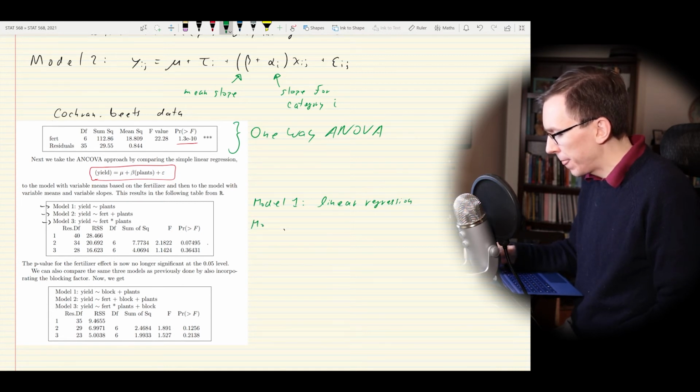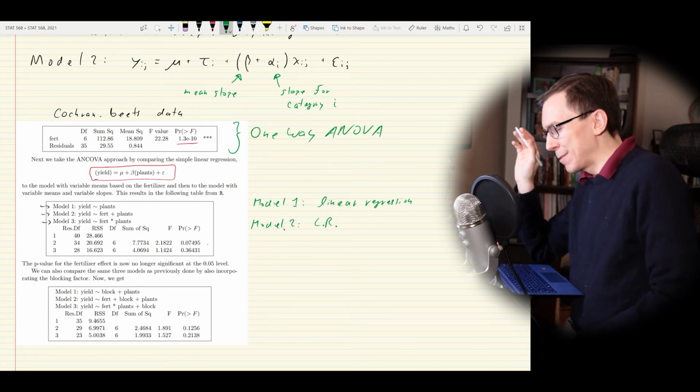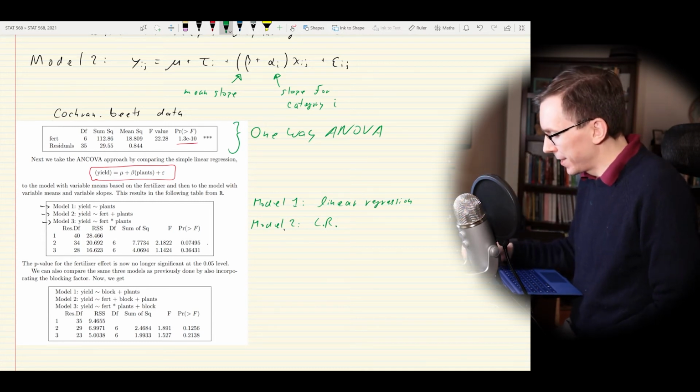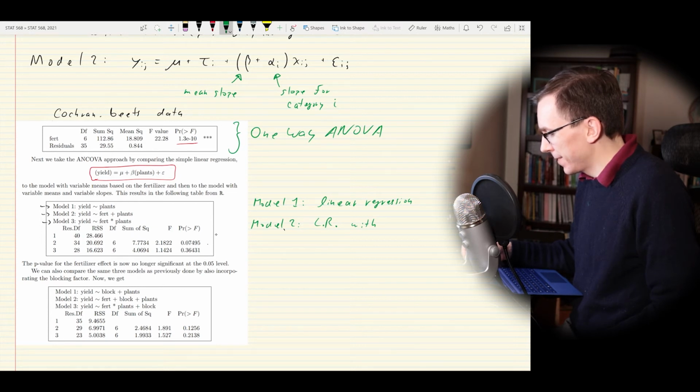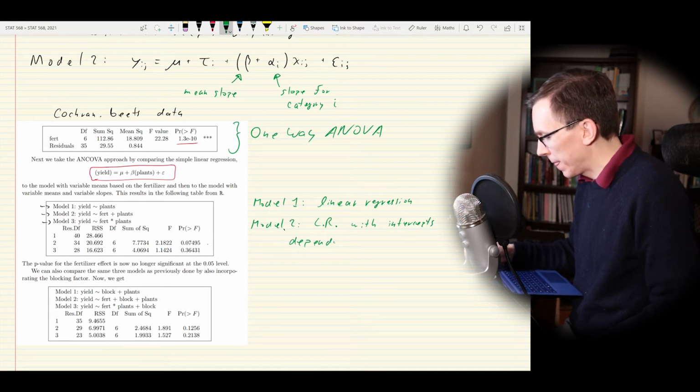Model 2 is going to be linear regression with intercepts dependent on the fertilizer.